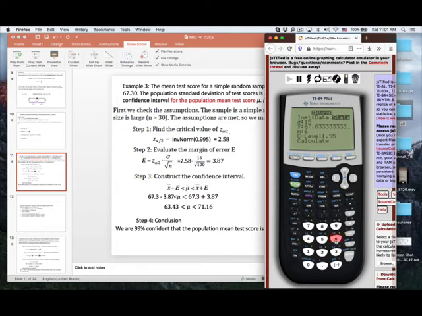Sample mean 67.3. Enter. Sample size, that will be 100. And then confidence level. We are working on 99%. Don't put the 99 in here. Put 0.99.